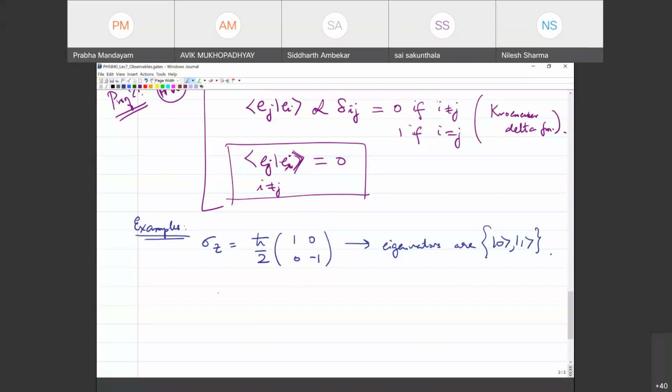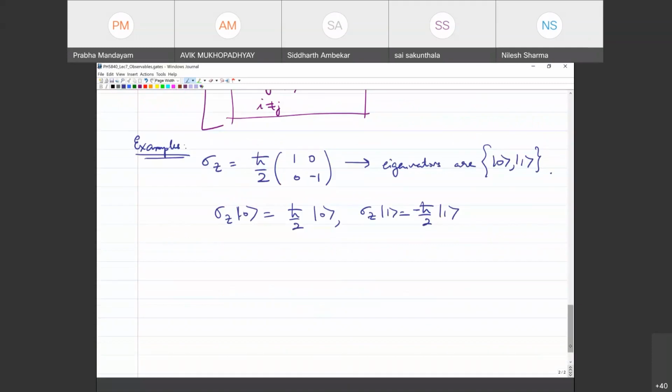So let's just verify this. I think what I did last time was to show that sigma z acting on Ket 0 gives me plus h bar by 2 Ket 0, and sigma z acting on Ket 1 gives me minus h bar by 2 Ket 1, right? So 0 and 1 are indeed mutually orthogonal. They're also normalized, so this forms, like I said, an orthonormal basis.